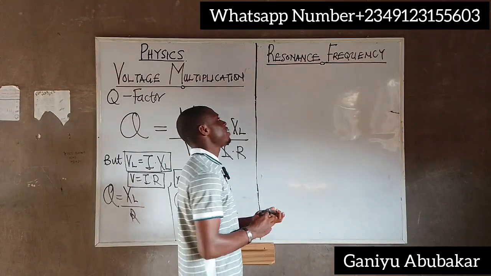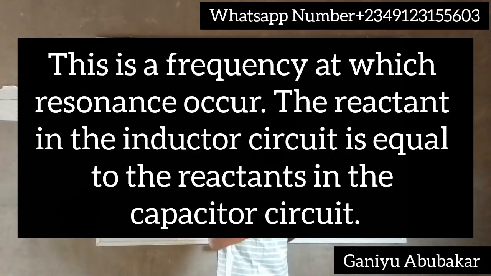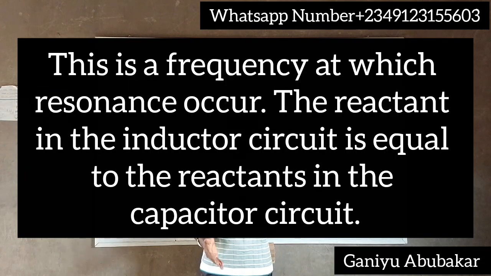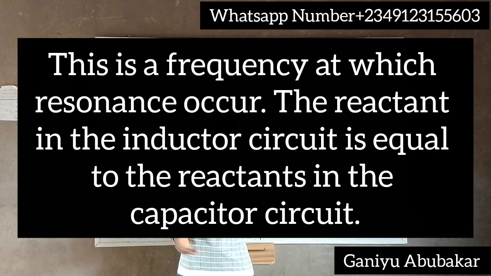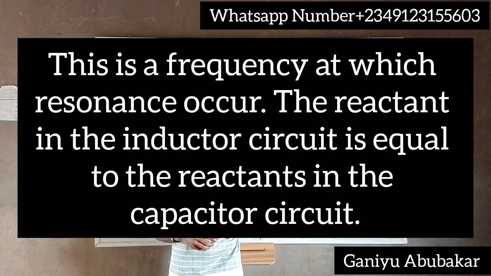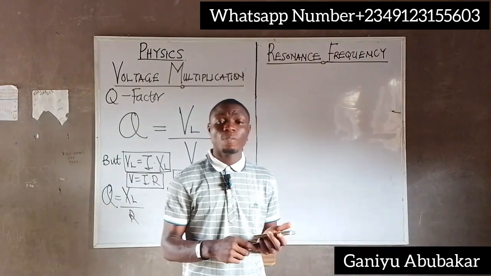Let's look at resonance frequency definition. This is a frequency at which resonance occurs. The reactance in the inductor circuit is equal to reactance in the capacitor circuit. Now listen.